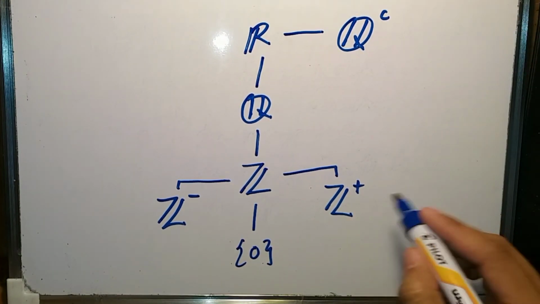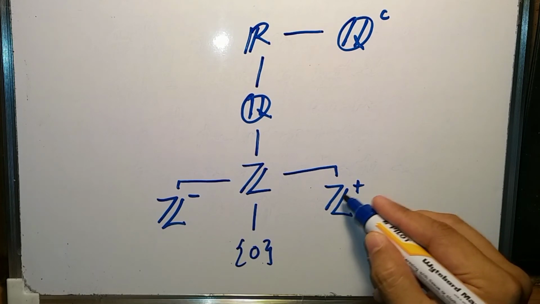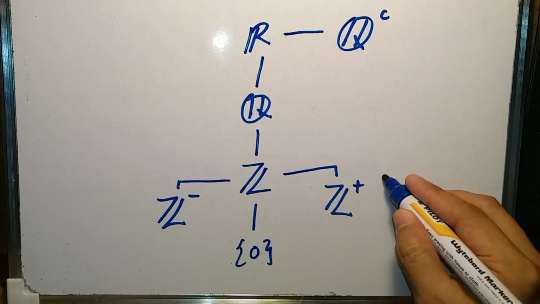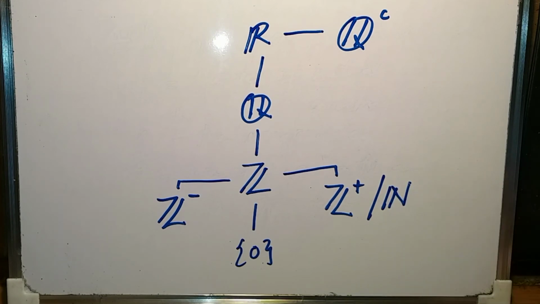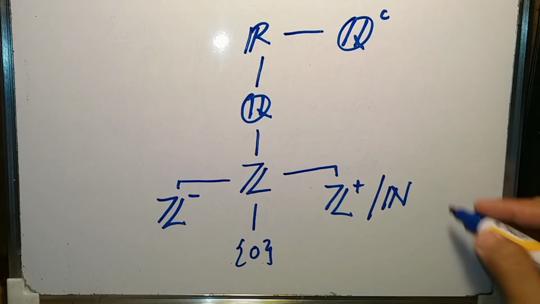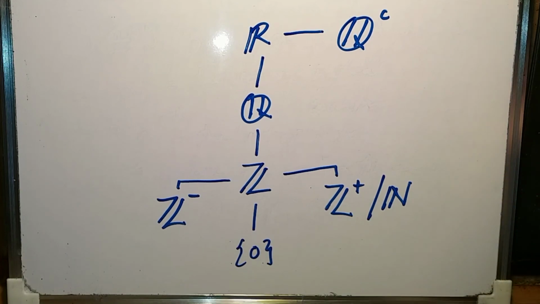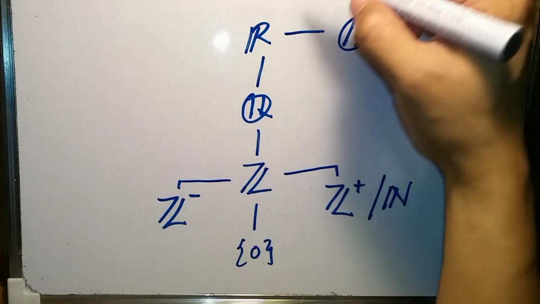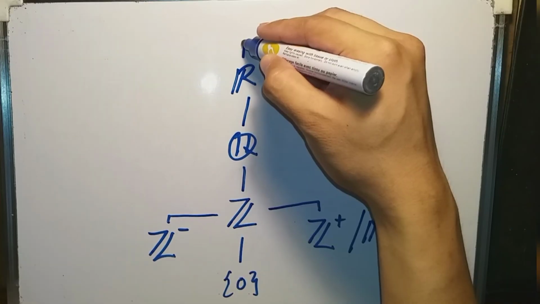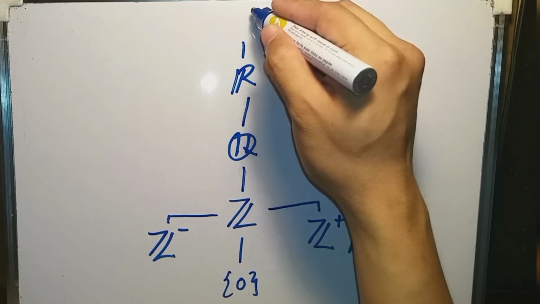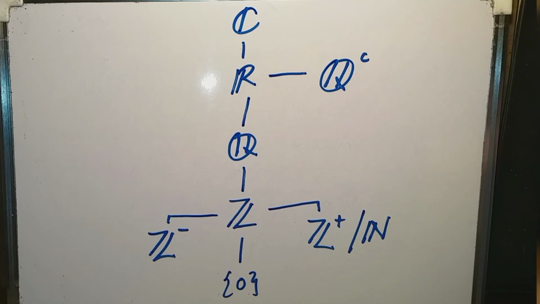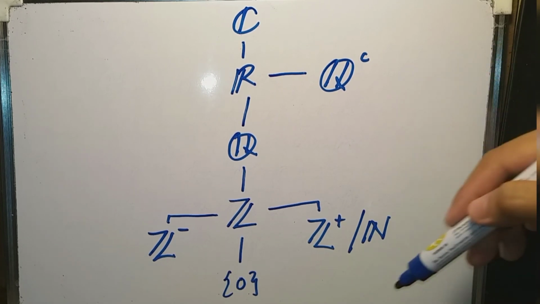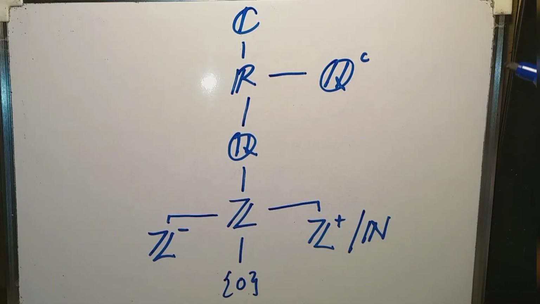By the way, Z plus here also pertains to N, so the set of natural numbers. And then lastly, we have C. So this is the hierarchy of the set of numbers.